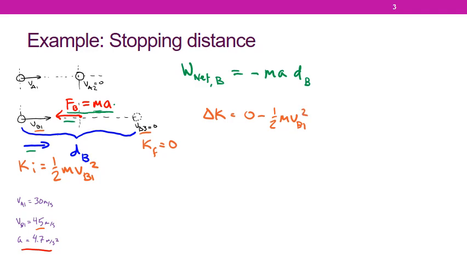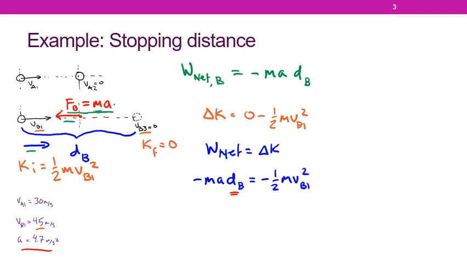And so now I can use the work energy theorem, that the net work is equal to the change in kinetic energy. So minus mass times acceleration times my displacement along this trip, the distance that it takes me to slow down, which is the thing I want, has to be equal to 0 minus my initial kinetic energy.